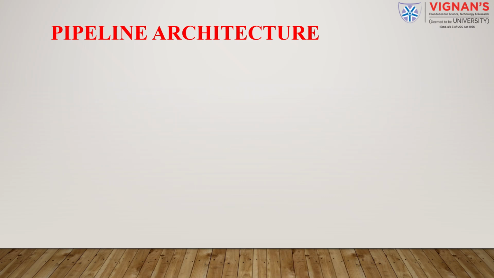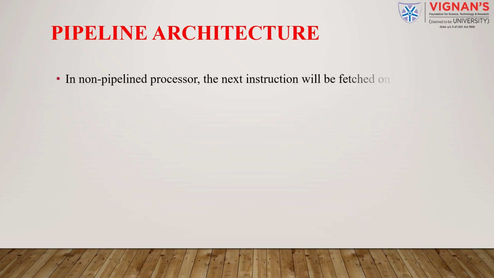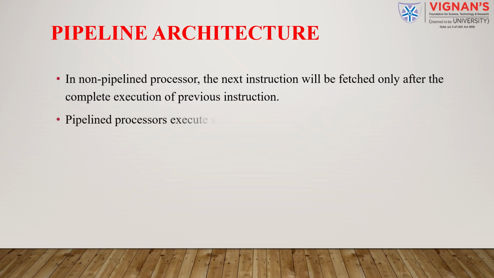Now, here is where the architecture changes the game. In a non-pipelined processor, the next instruction will be fetched only after the complete execution of the previous instruction. It is a strict queue. Instruction 2 waits for instruction 1 to finish completely. In contrast, pipeline processors execute successive instructions in an overlapped fashion.